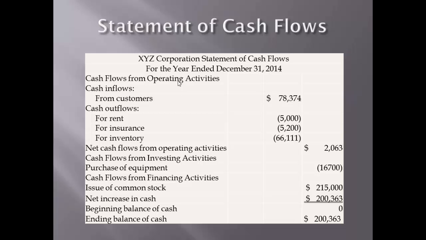Examples of cash inflows, that is, positive cash flows under operating activities, are cash from customers for the sale of goods or services. Under cash outflows, we have examples like cash paid out for rent, cash paid out for insurance, and cash paid to suppliers for inventory purchases.